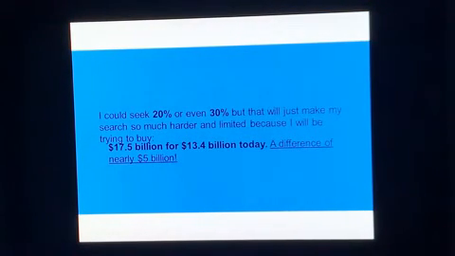We could say 20% or even 30%, but that will just make our research so much harder and limited, because we will be trying to buy $17.5 billion for only $13.4 billion. The difference is too high, which is 5 billion. Rationally speaking, it might not be possible to generate this much amount within the given time period.